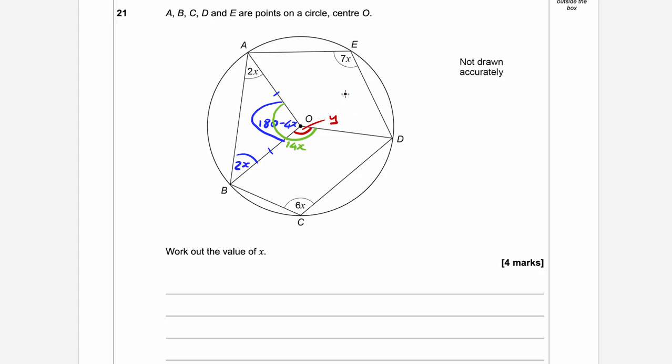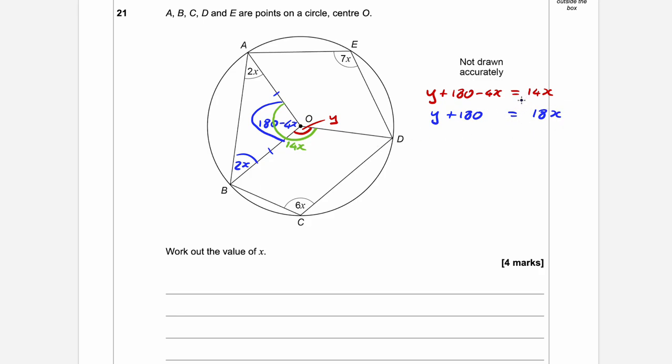That y plus 180 minus 4x must equal 14x. So that means y plus 180 equals 18x. I've got an equation with y and x.